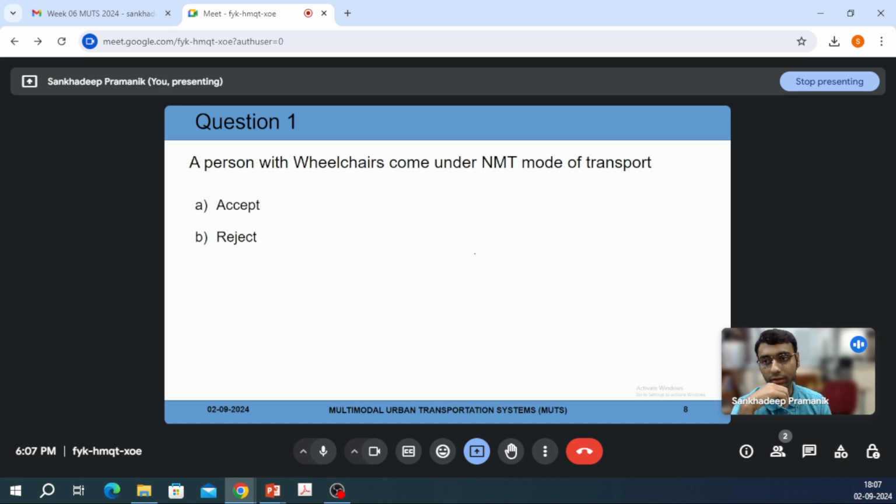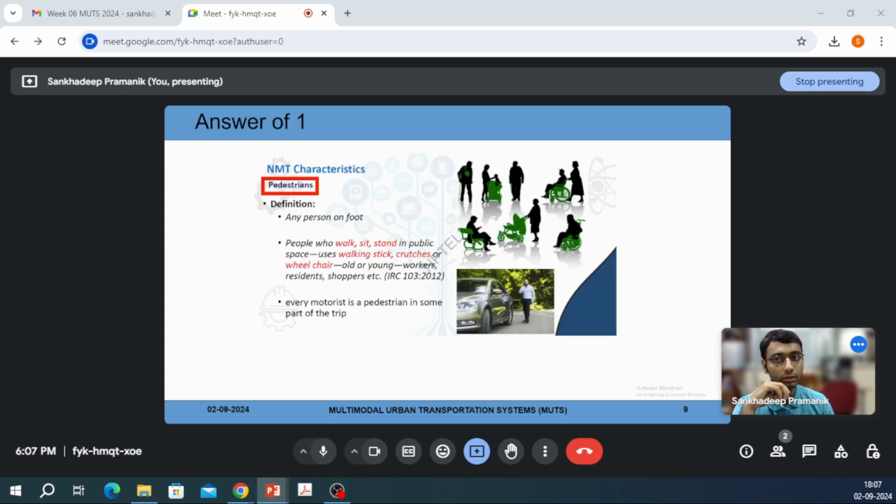Accept or reject the statement. This is obviously accept, for we consider a person with a wheelchair under the pedestrian.